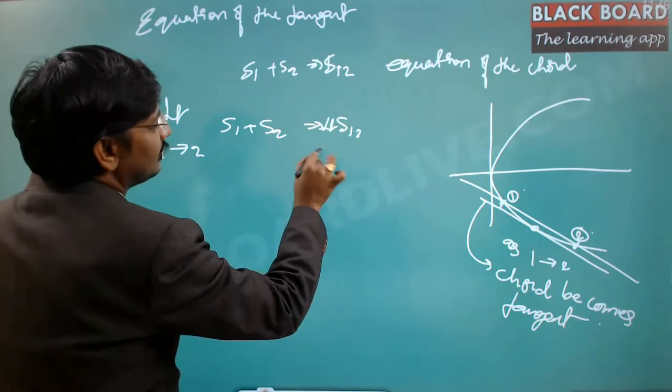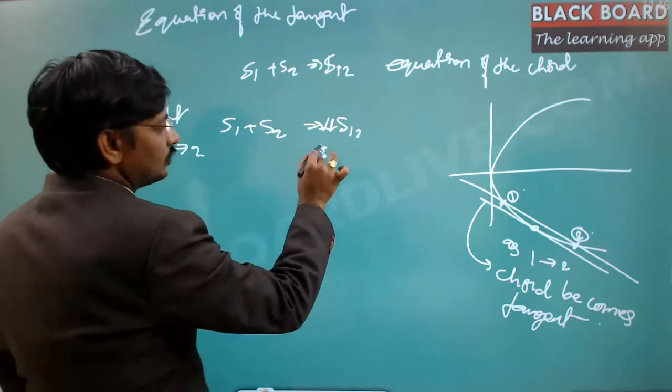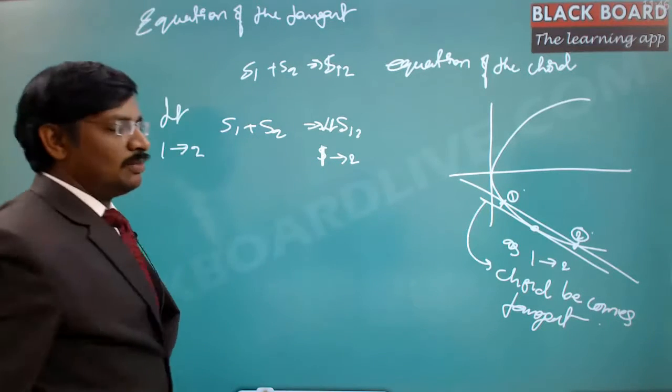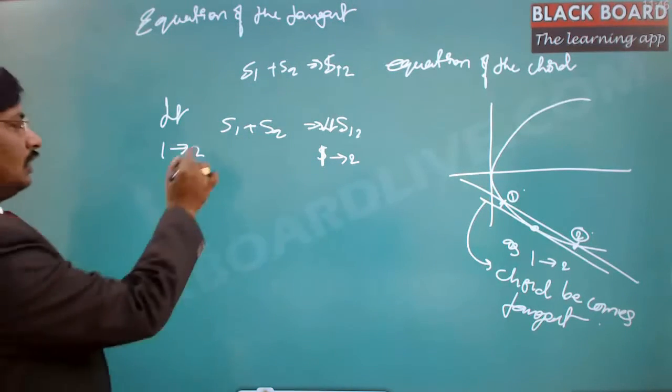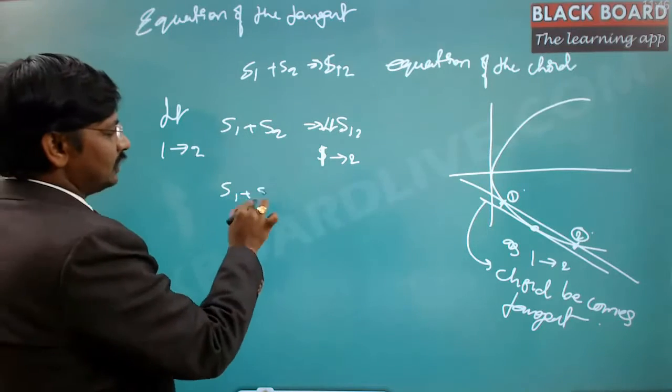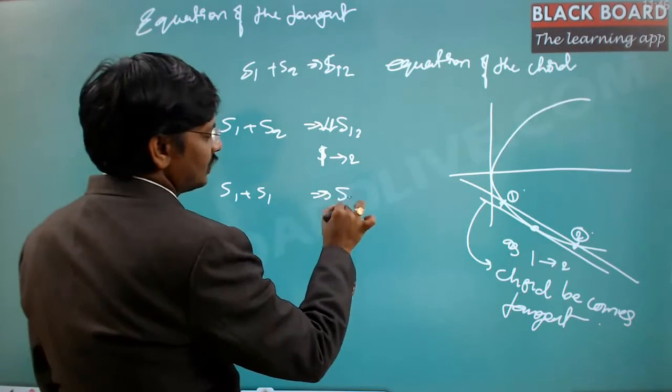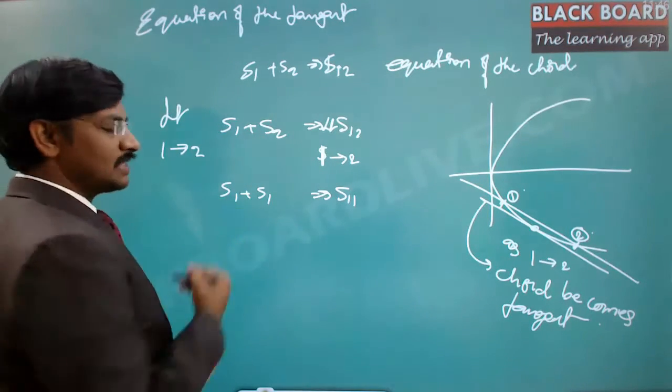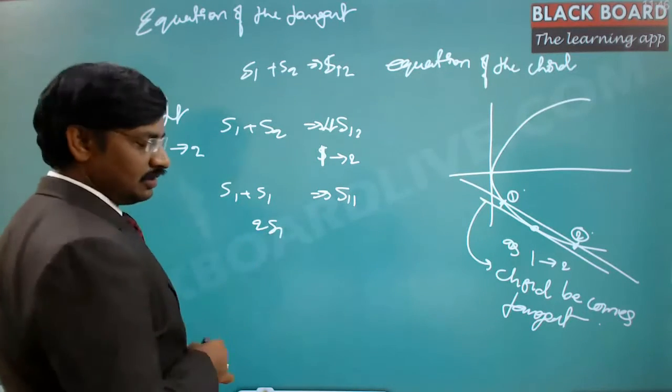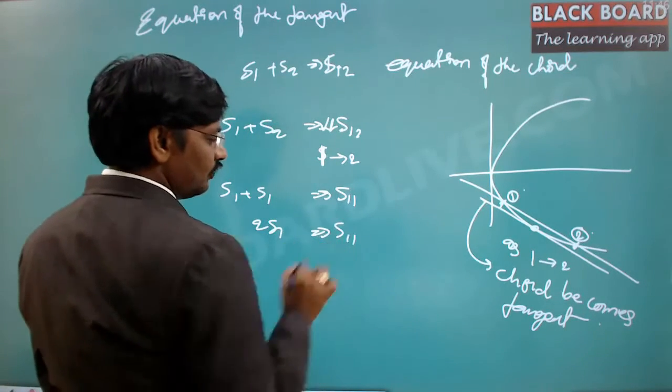If point number 1 tends to 2, then obviously this will become S1 plus S1 and this will become S11. So S1 plus S1 is nothing but 2 times S1 equal to S11.